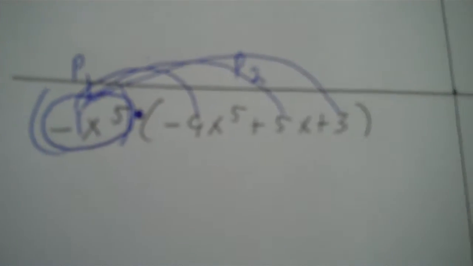Then I multiply to the positive 5x. Then I multiply it to the 3. So we take negative 1 times negative 9. That's positive 9. Okay? And then there's 2 x's, so I put x with a plus sign. It's going to be 5 plus 5. 5 plus 5 is 10. Okay? 9x to the 10th.